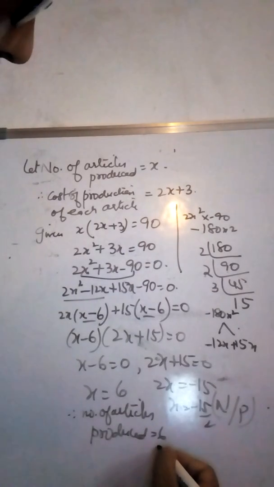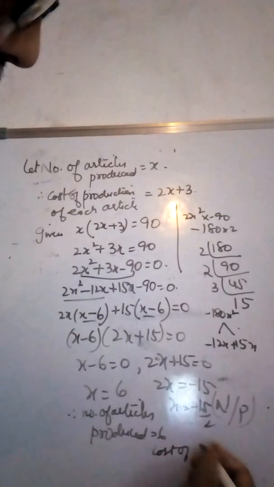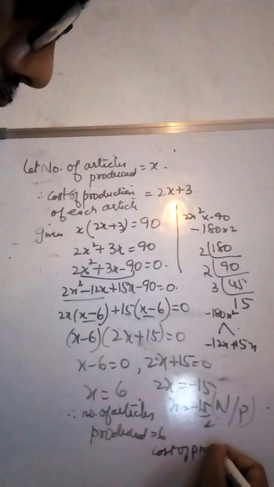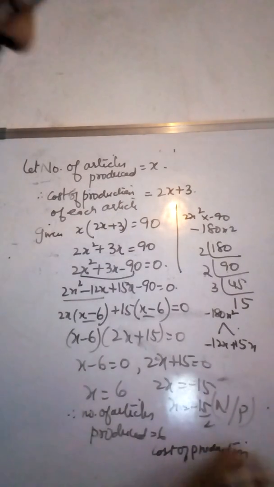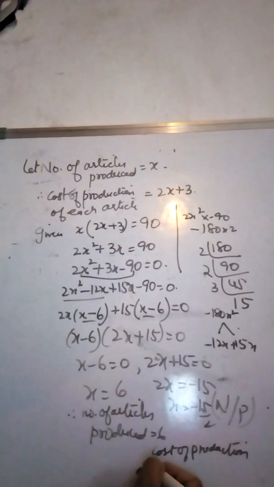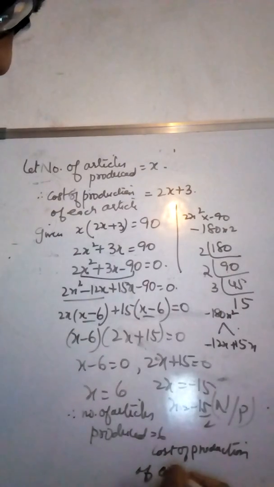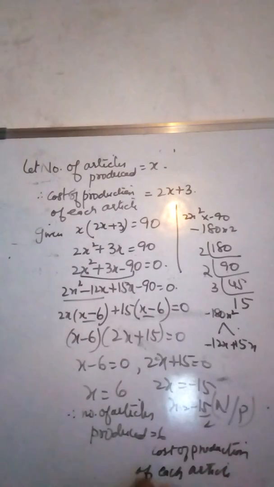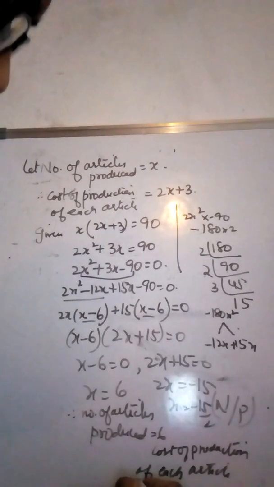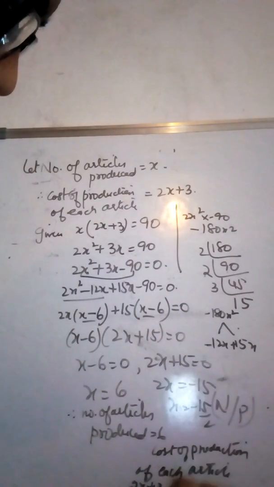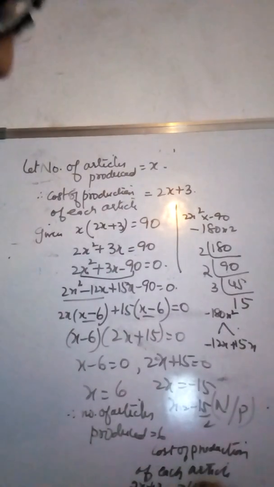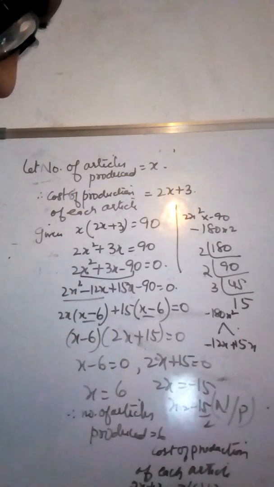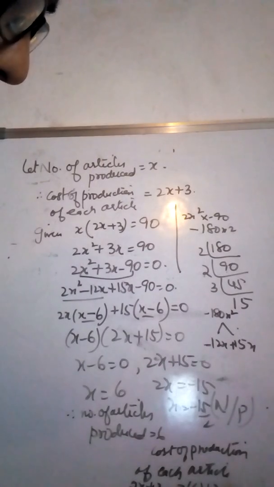The cost of production of each article is given as 2x plus 3, that is equal to 2 into 6 plus 3, that is 2 sixes are 12 plus 3, which is equal to rupees 15.